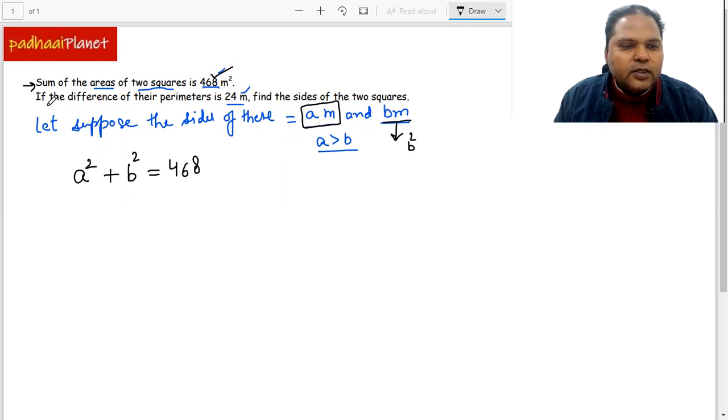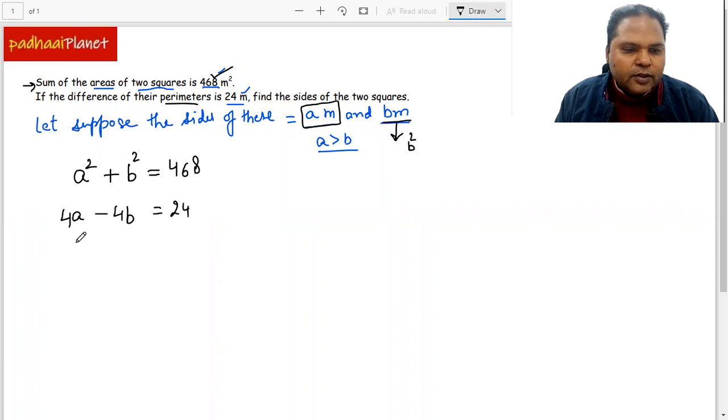And the other equation is that the difference of their perimeters is 24. The perimeter of the square is always, if the side is a, 4a. Now the difference is 4a minus 4b, and that's 24.